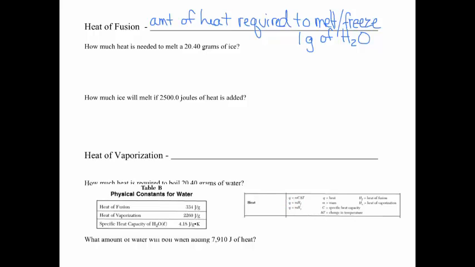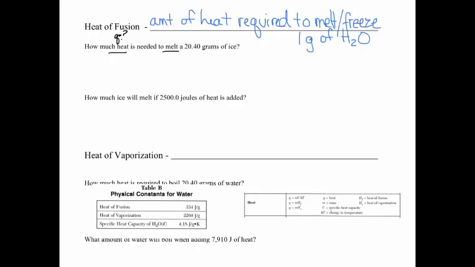So let's look at this first one. We have how much heat. So in this one, they're looking for Q, and I like to write all over mine so I don't forget, is needed to melt. Okay, so you have to recall which equation to use.